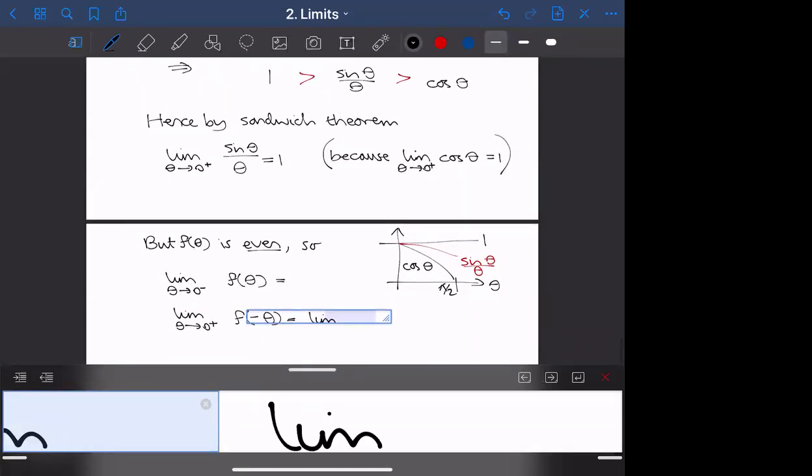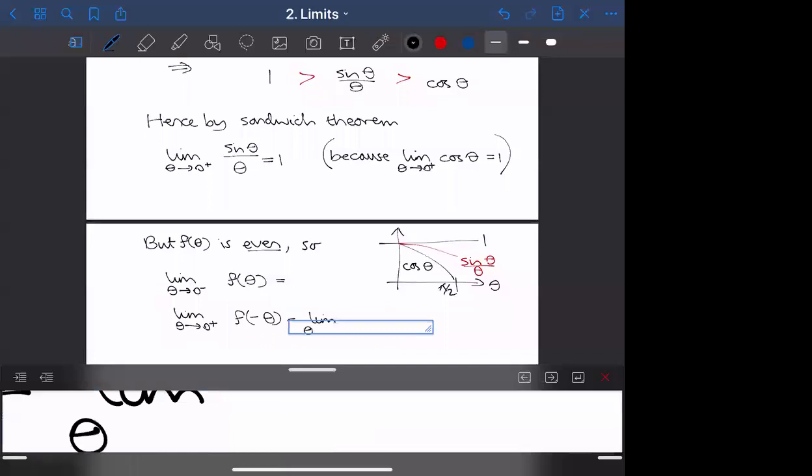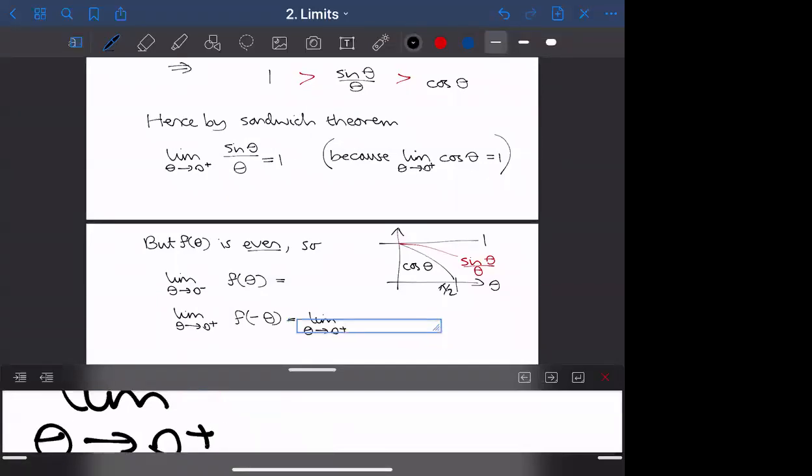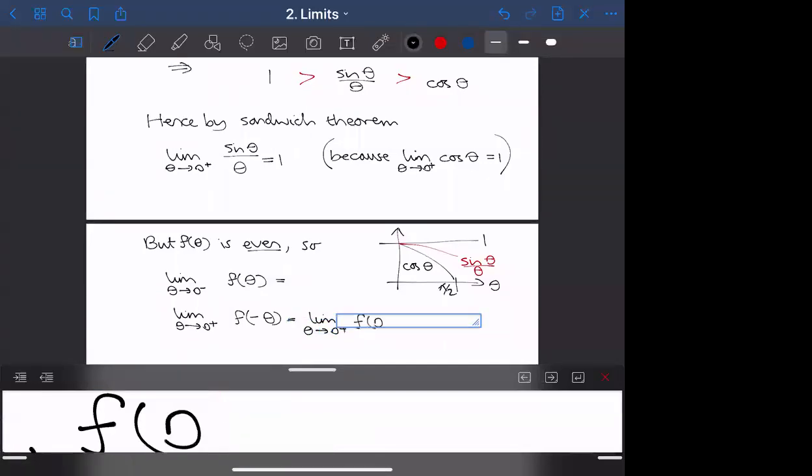And that is equal to the same limit of f theta, because this function is even. And we know that to be 1.